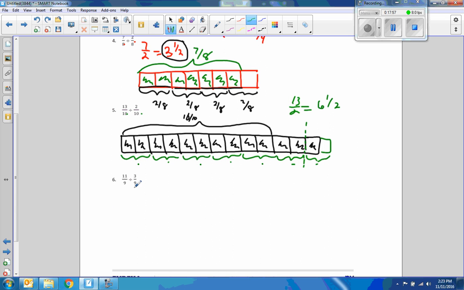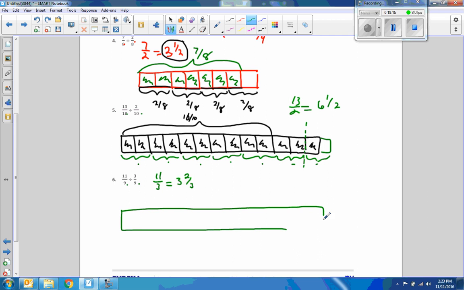Next one, 11/9 divided by 3/9. The denominators are the same, so I simply do 11 divided by 3, which is 3 and 2/3. 1, 2, 3, 4, 5, 6, 7, 8, 9.